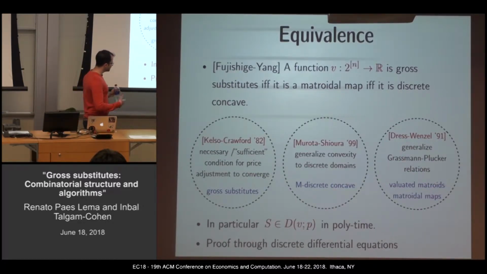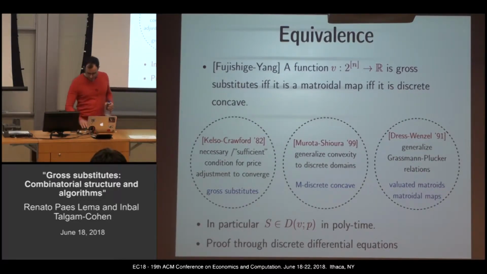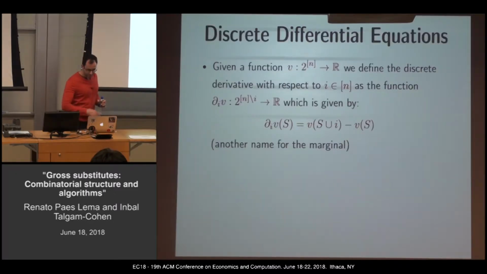One way that I find to recognize that those things are equal is that you can write a differential equation saying when the functions satisfy each of those properties, and you know that they satisfy the same differential equation. So let me say what the differential equation is.